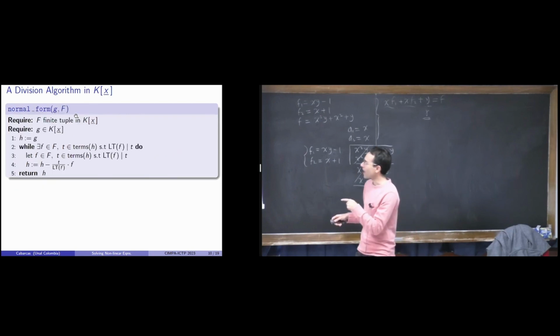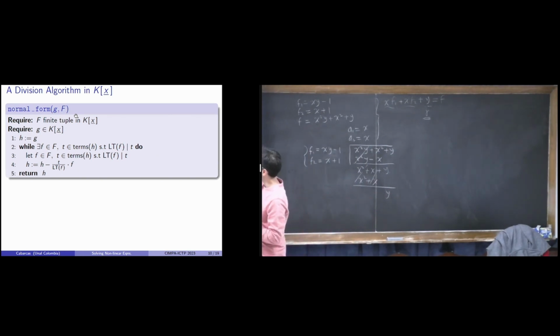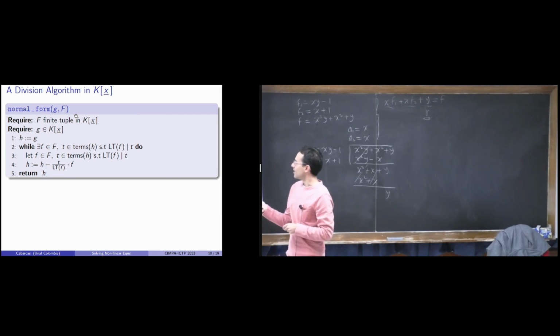That's actually the algorithm. There's nothing special about it. It's basically what I did here, written as an algorithm. h is going to be the polynomial you end up with.